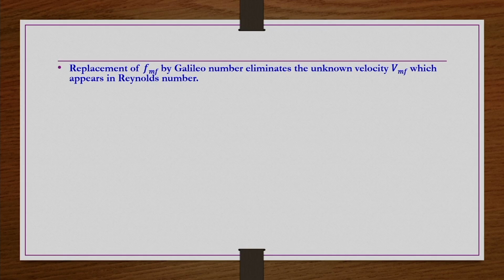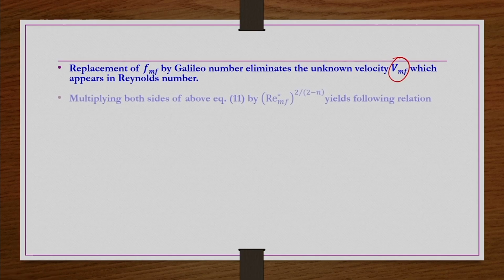A replacement of Fmf by the Galileo number eliminates the unknown Vmf which appears in the Reynolds number. For that, in the previous equation, Fmf is equal to 150 by Re mf star plus 1.75, you multiply both sides by Re star mf whole power 2 by 2 minus n.